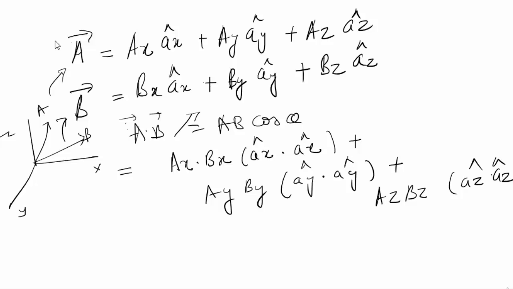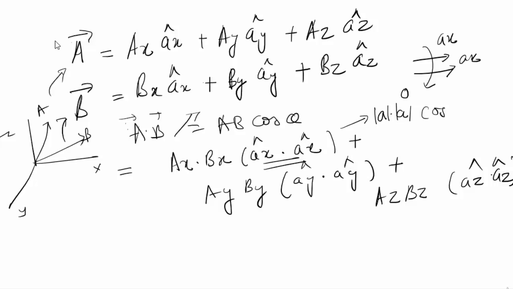When I have two unit vectors, like ax and again ax, the angle between them is 0. So applying the dot product, the magnitude of ax into the magnitude of ax into cos 0: the magnitude is 1, the magnitude is 1, and cos 0 is 1. So all of these will be 1.